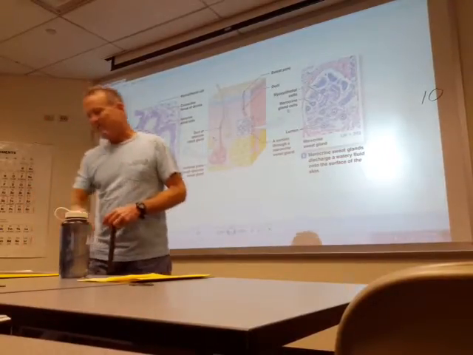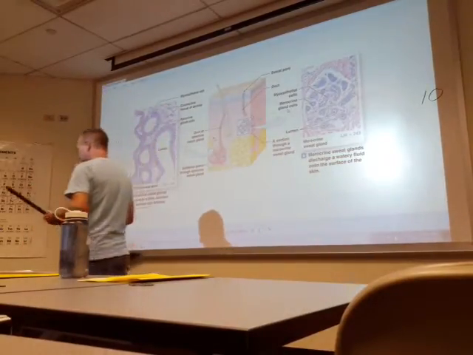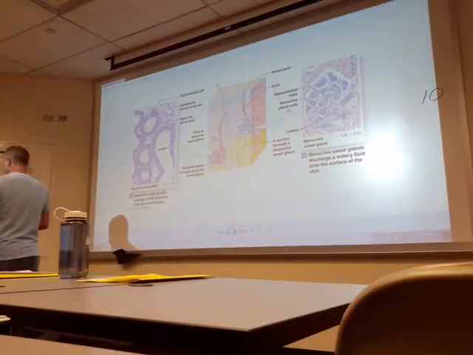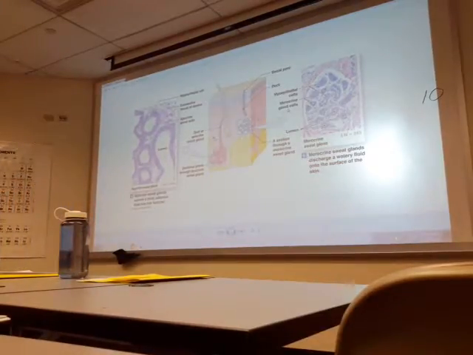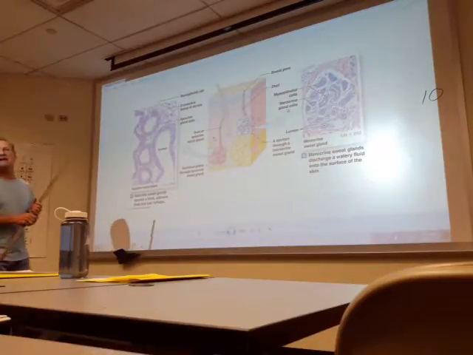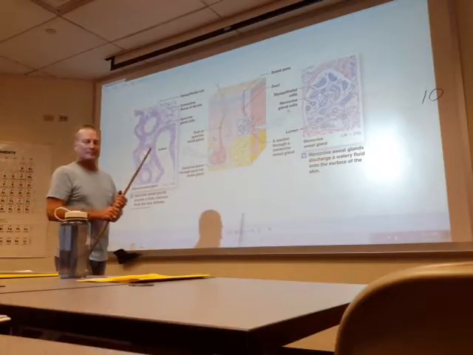What you want to add about the eccrine versus the apocrine are the following things. The eccrine sudoriferous glands, and this will fit right there on your lecture notes if you want, produce a watery sweat.